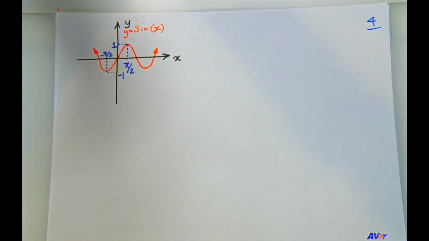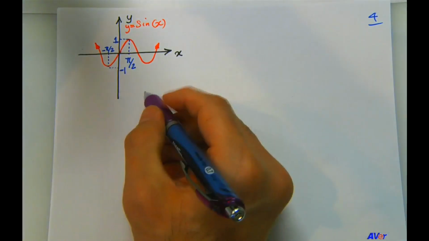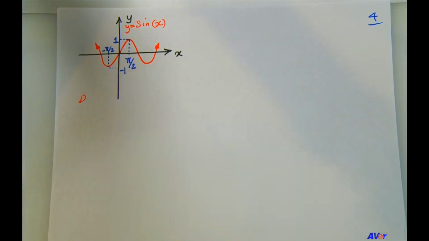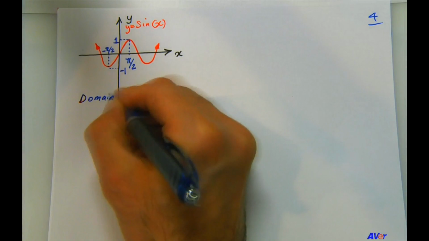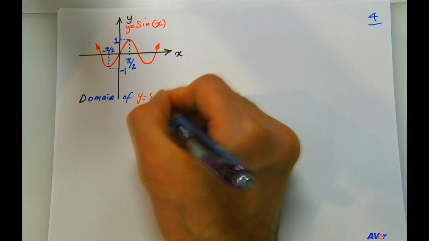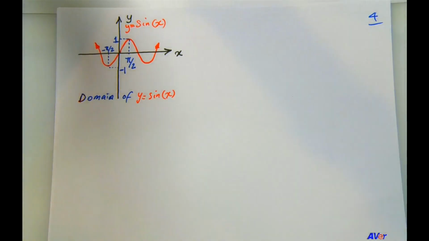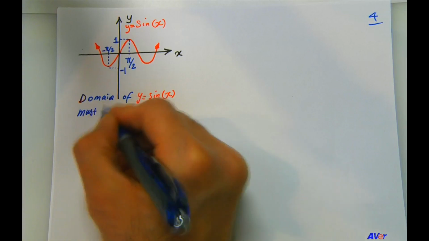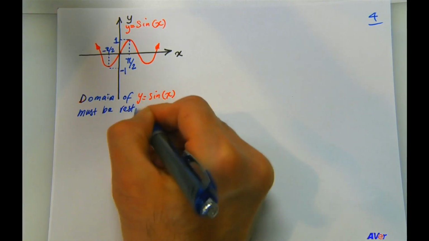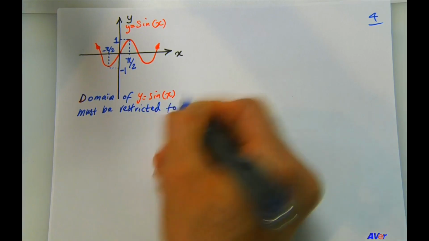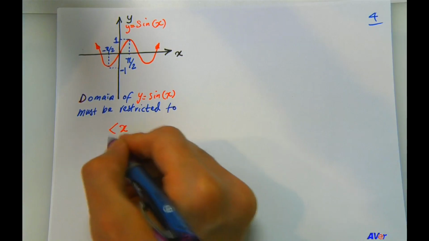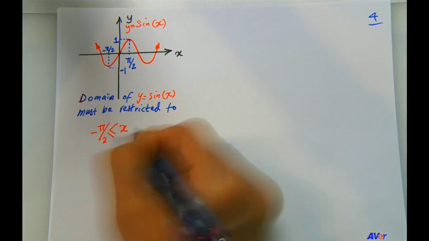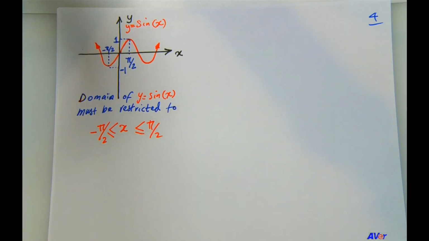So let me write down underneath it that the domain of y equals sine of x must be restricted to between negative pi over 2 and pi over 2.